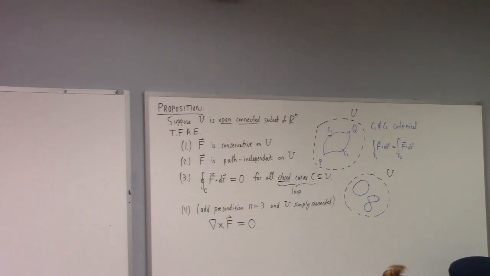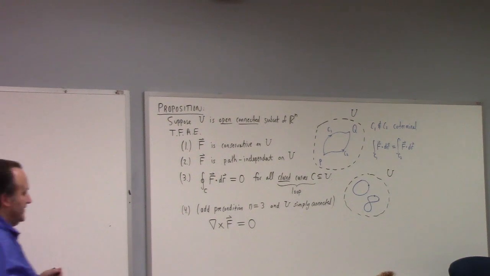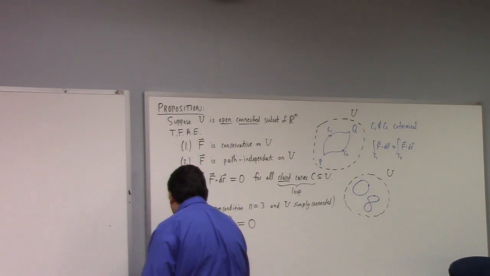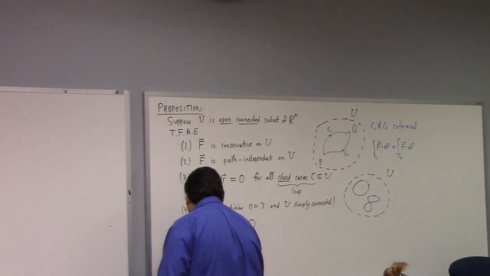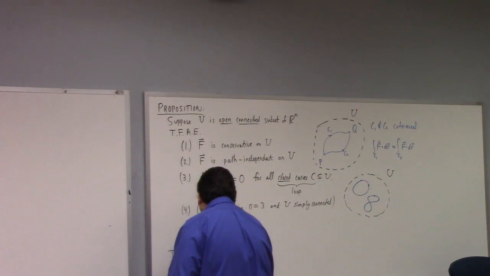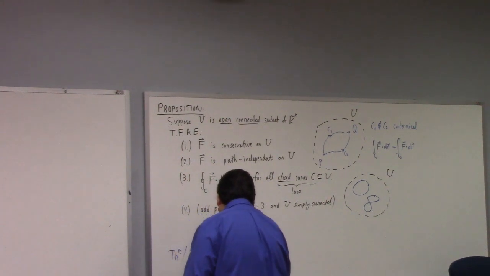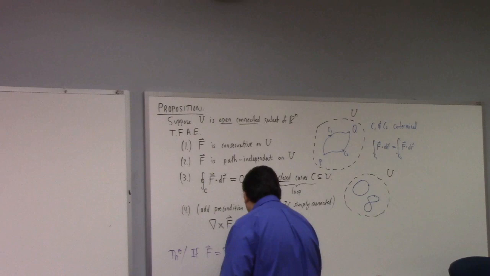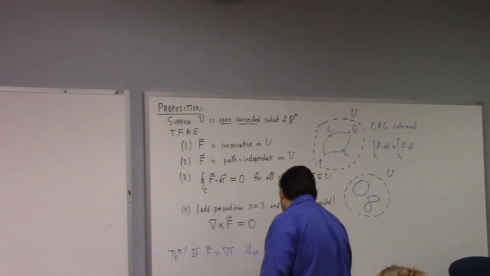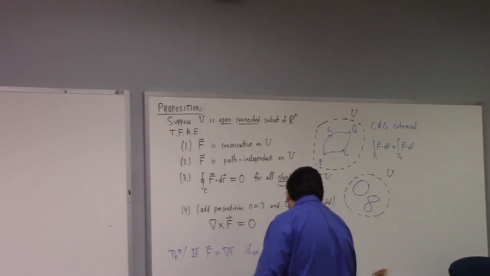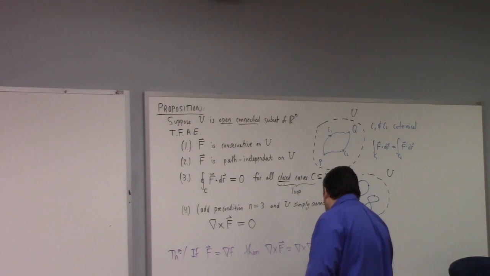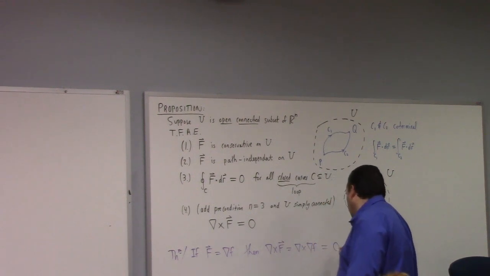Now, let me point out, there's an easy theorem to see here. Theorem: if F is equal to the gradient of f, then the curl of F is equal to the curl of the gradient of f, and remember, that is 0.